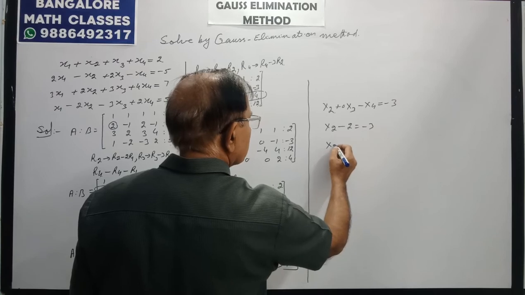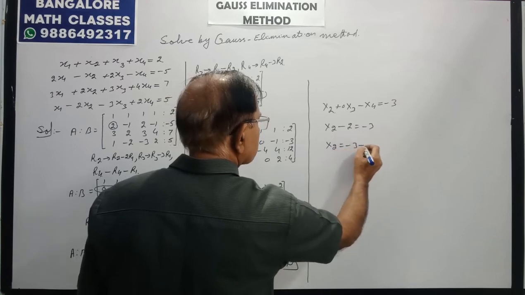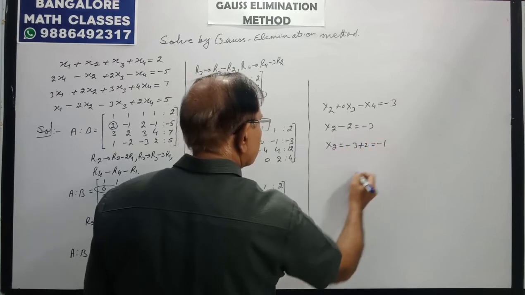Thus x2 will come to be minus 3 plus 2, minus 1.